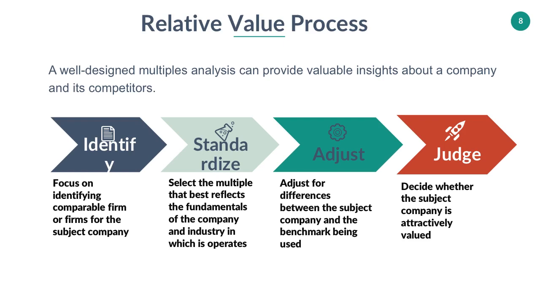Ideally, the multiple should reflect the fundamental characteristics of the company being analyzed. Before comparing the company to its peer group, we need to adjust for differences between the subject company and the peer group being used. With the adjustments made, we can then determine on an apples-to-apples basis if the company is attractively valued.